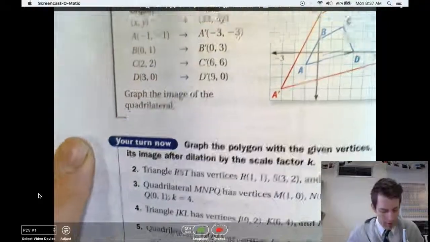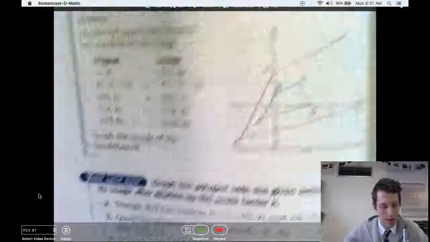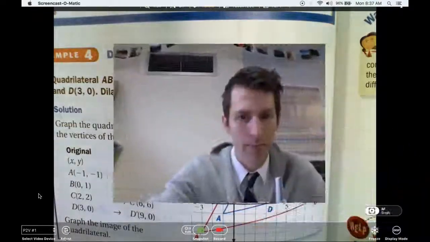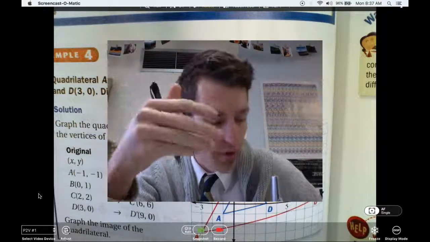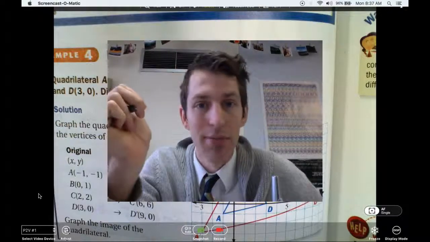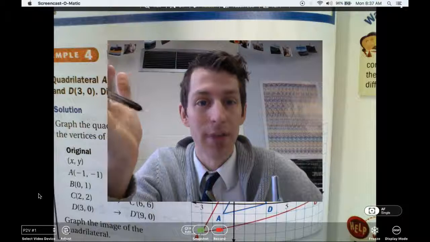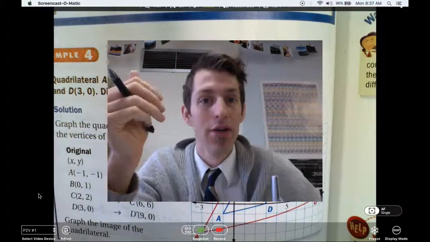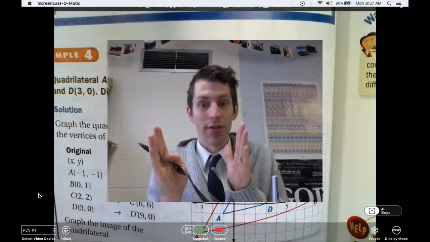I don't think I need to do another example of that. It really is quite a simple concept. I'll just give you one warning. If you multiply a number or some of these coordinates by 5 or by 10, usually you're making it bigger, right? If I got this distance and I multiply it by 2, it's twice as long.